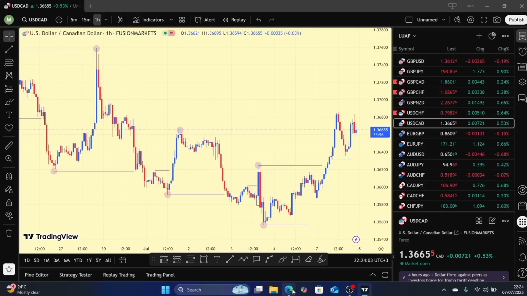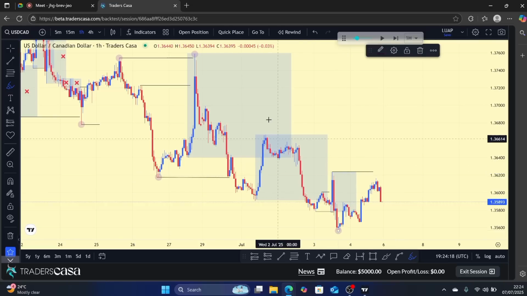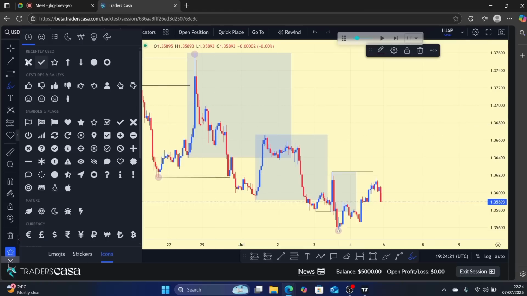Here we have seen that price has taken this out, so I can confirm this one here to be a low. And if that's a low and price has taken that out, I have marked the order flow, and we can clearly see that the order flows are all mitigated.